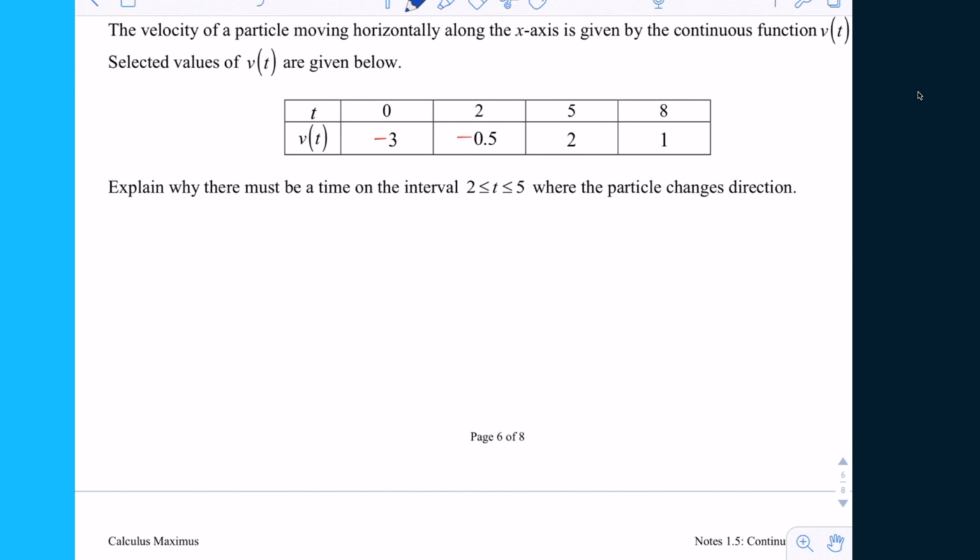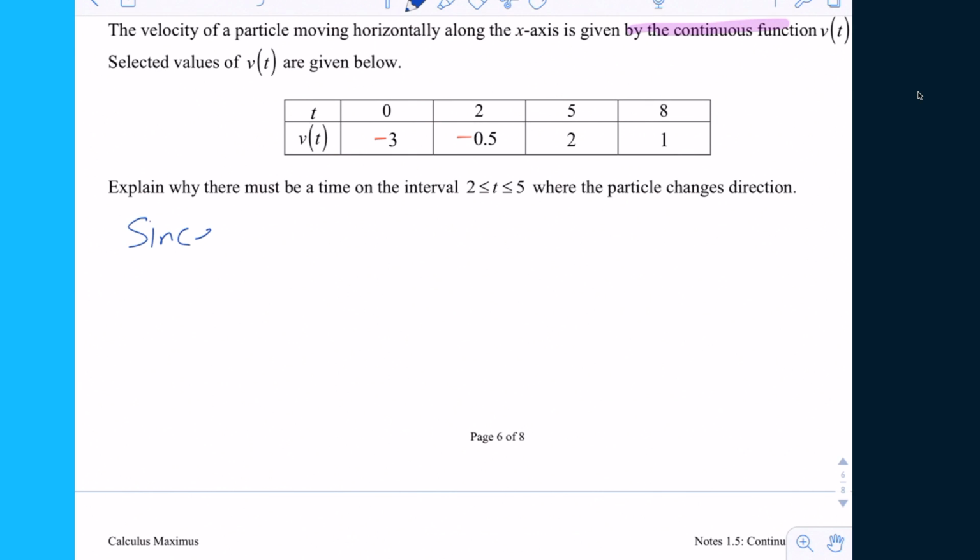No. Because it could be that it's just negative here and it's negative the rest of the time and just all of a sudden, boom, becomes positive at 5. And that would not be on the open interval, but that's not how things work. So there has to be some time in between 2 and 5 where it actually crosses the t-axis, right? And when it does, it's going to pass through 0. So basically, if we could prove that it passes through 0, we'll have it. So here's what we're going to do by the IVT.